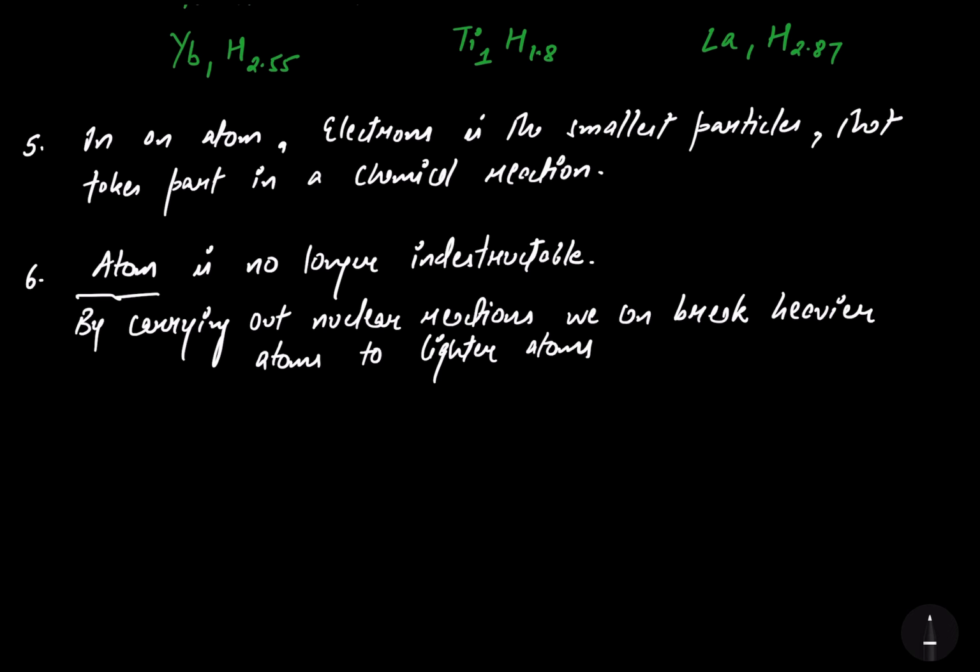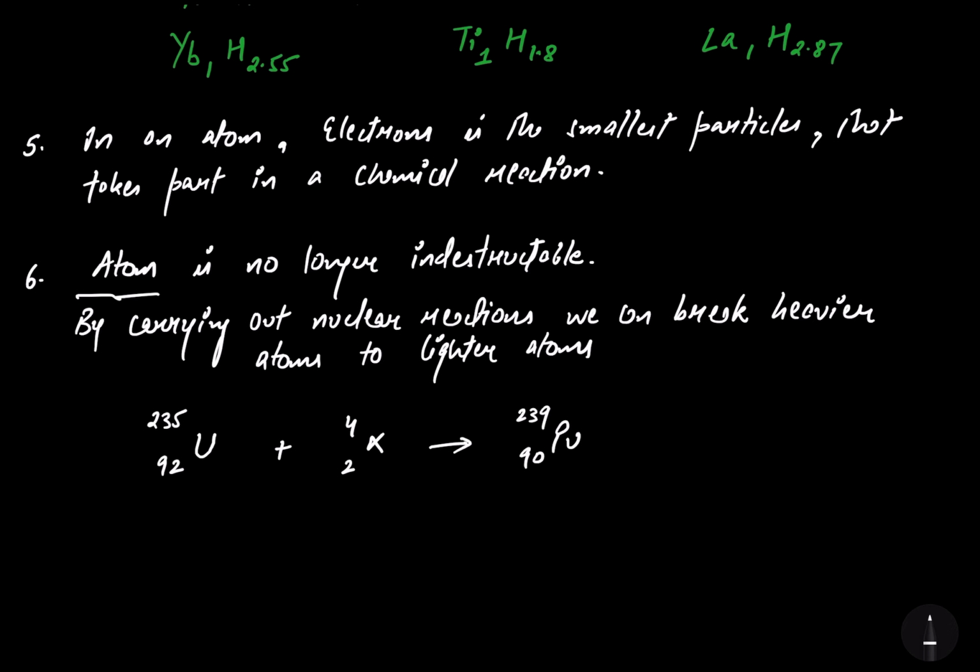For example, I'm taking the heavier atom, the radioactive atom, uranium. Its atomic number is 92 and its mass number is 235. When we have an attack of an alpha particle on uranium, whose mass number is 4 and atomic number is 2, the uranium is broken down to plutonium, where the mass number is 239, but the atomic number decreases by 2, it's 90.